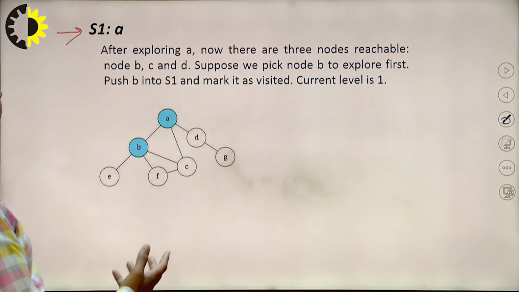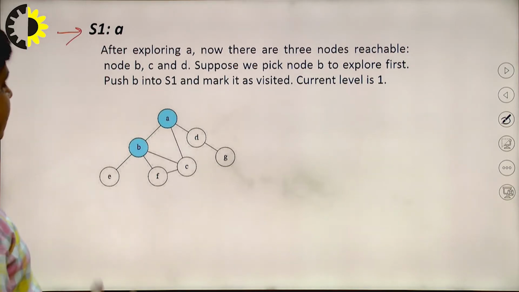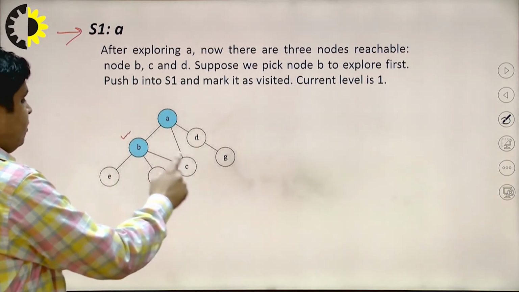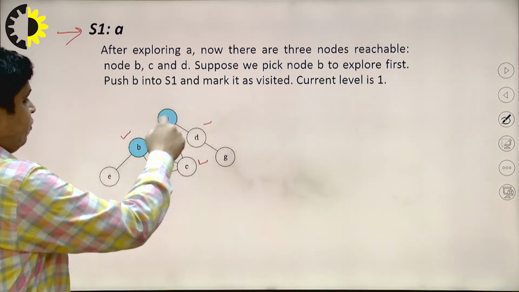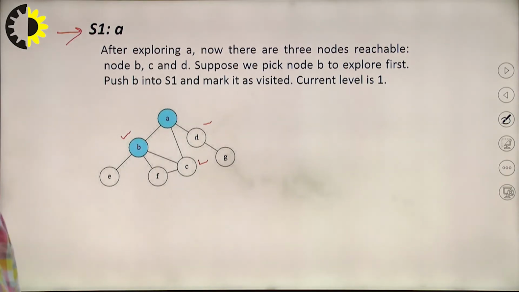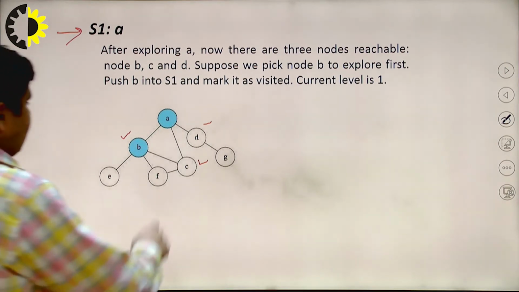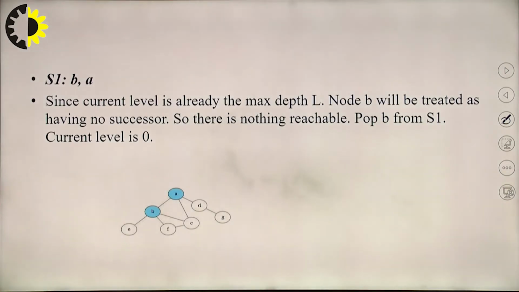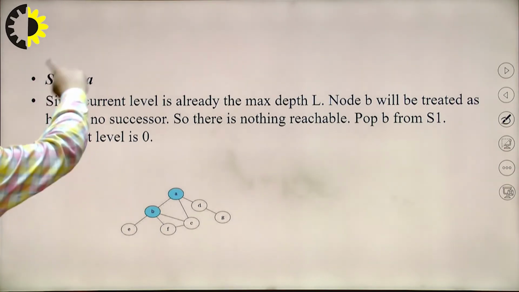After exploring A, there are 3 nodes reachable from A. You will see first one is B, C and D from root node A. Suppose we pick node B to explore first, push B into the stack S1 and mark it as visited, and we are at the current level 1. So this is our stack position.